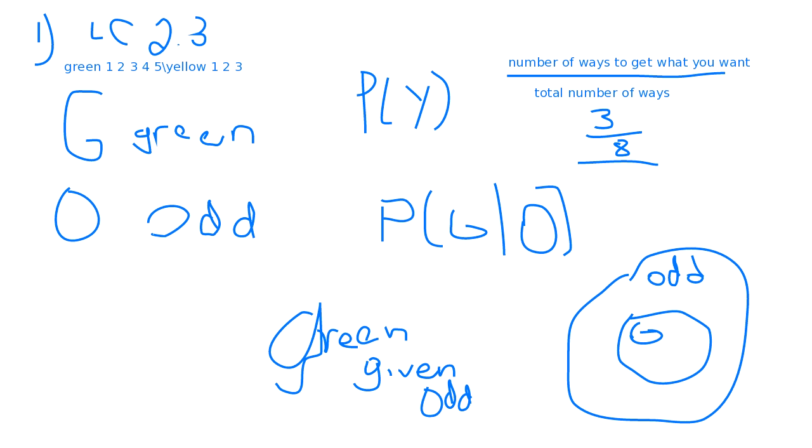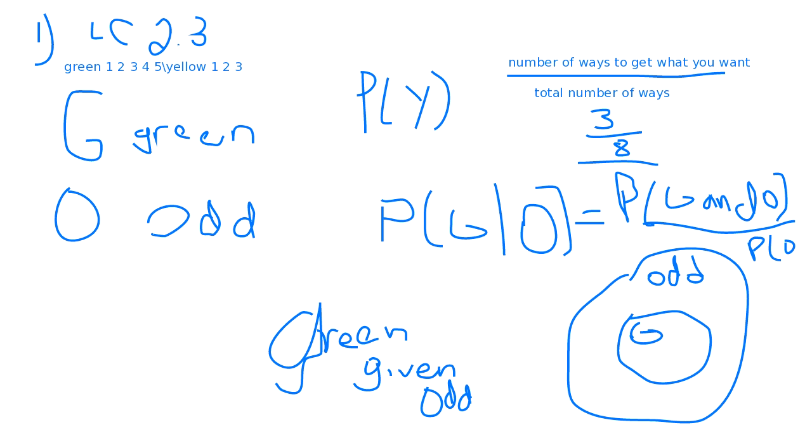Okay, so this is the probability that it's green and odd, over the probability it's odd.